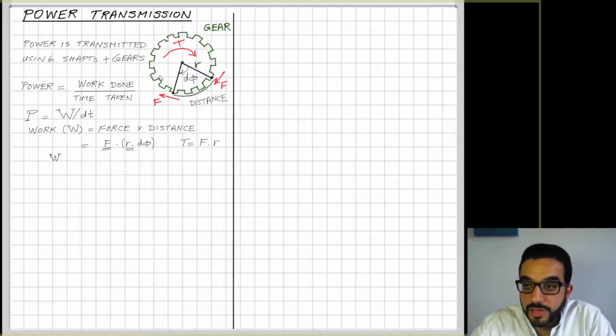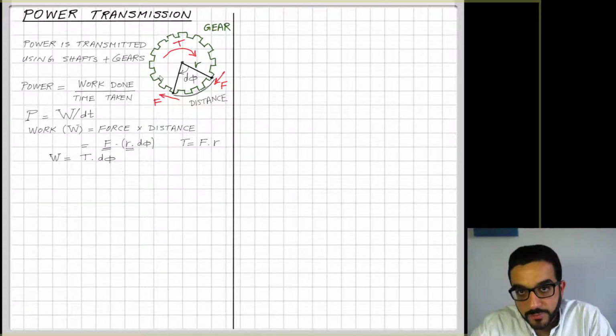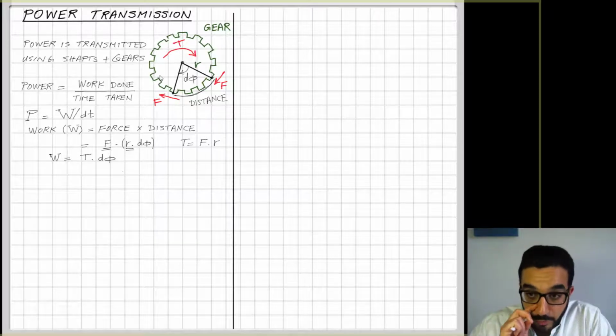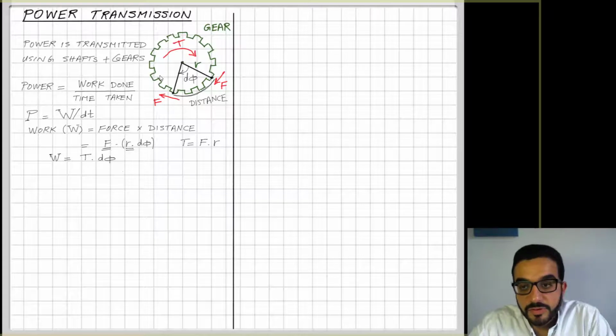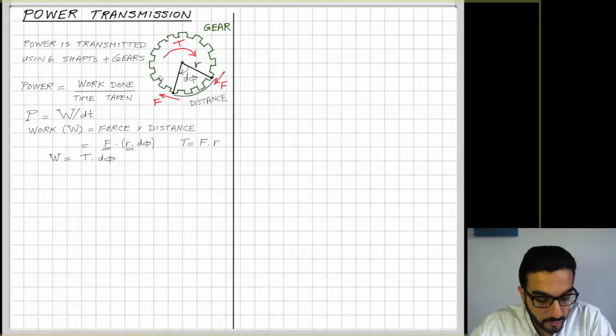I also know that F is the translation of the torque over the radius r, so the torque is equal to a force times the radius, or the distance. In our case here, the distance is the radius of the gear. So if I look at F and R in the formula for the work, I can lump them together in the form of the torque. So the work is equal to torque times d phi.